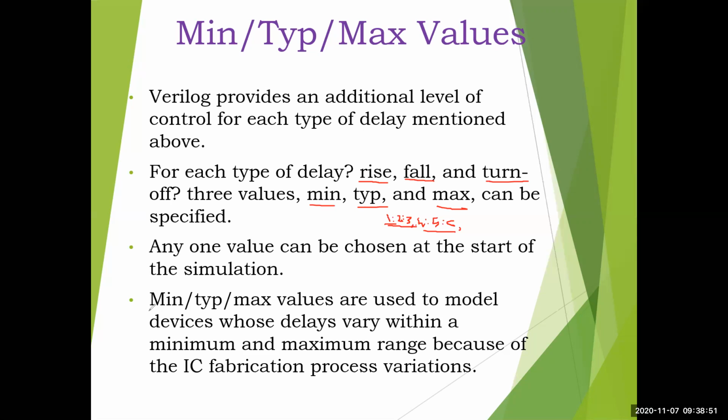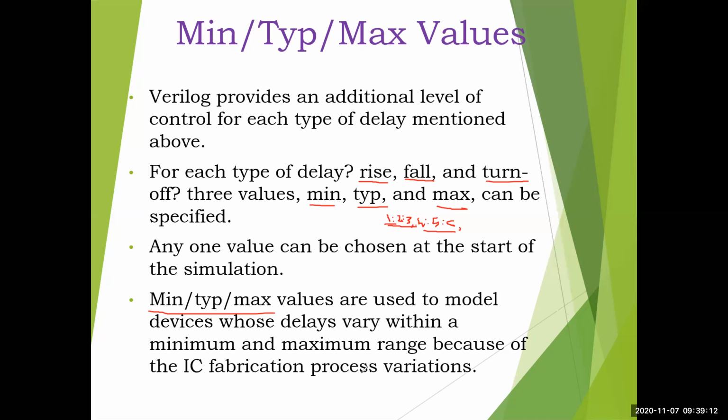Minimum, typical, and max values are used to model devices whose delays vary within a minimum and maximum range because of the IC fabrication process variations. So this is at the very minute level. You are digging deep into digital circuit design, so even each nanosecond delay is very important.